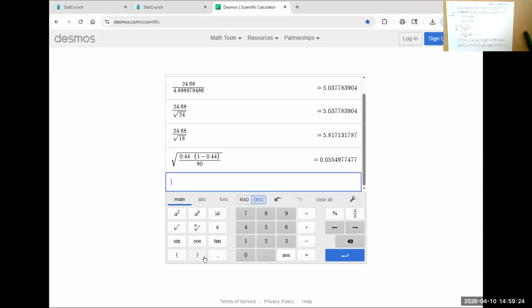We're getting 0.0554977477. Okay, and for me, I'll round to 2 decimal places again and call this 0.06. But again, if you want to keep 3 decimal places, we can do that. Up to you how you calculate. Just wanted to make sure we show it.